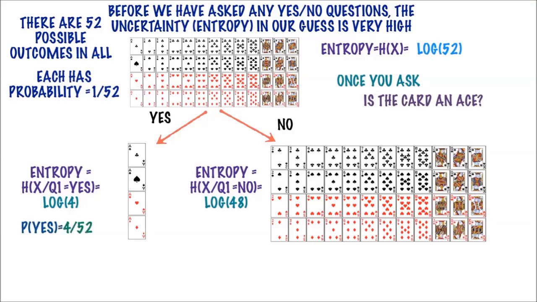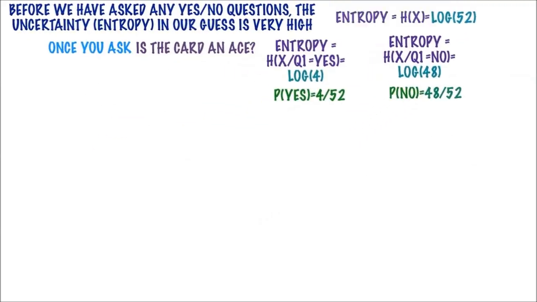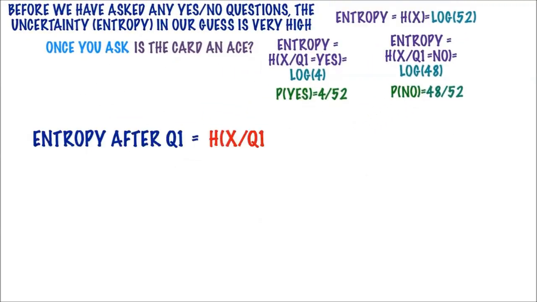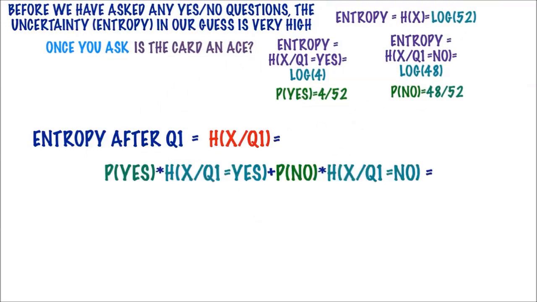Now, since the probability of yes is 4 over 52 and the probability of no is 48 over 52, using these two numbers, we can compute the entropy after we've asked our question, h of x given q1.